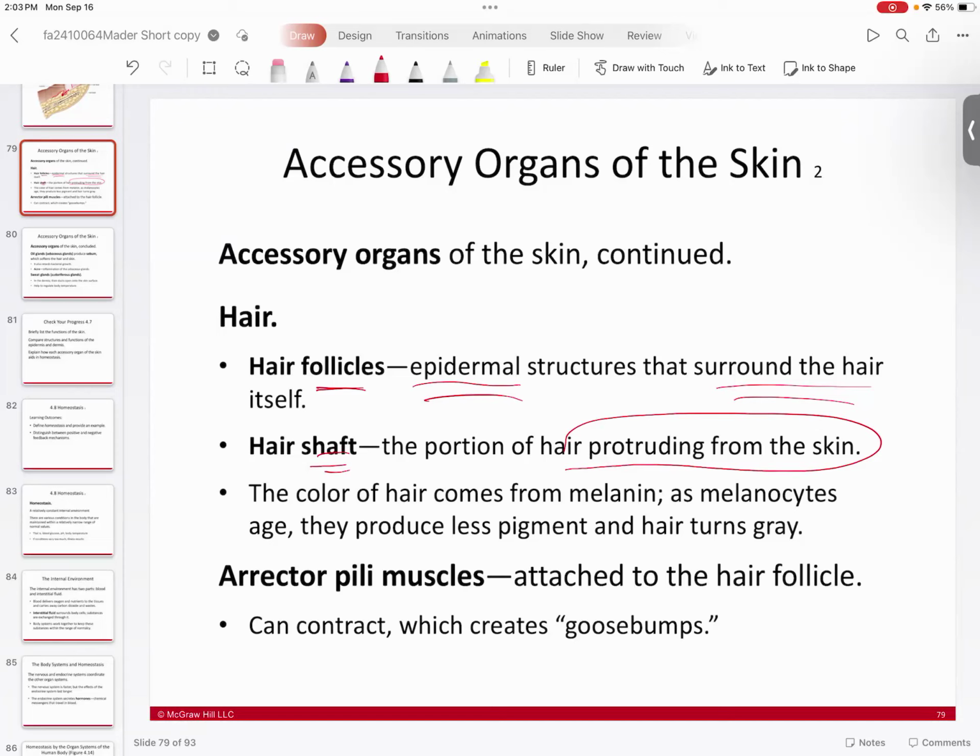Now, there are also melanocytes at this point. It's the same basic idea, by the way. You have cells that are reproducing and adding new layers of cells, and they happen to be wrapped in melanocytes in your hair bed, in the matrix of your hair.